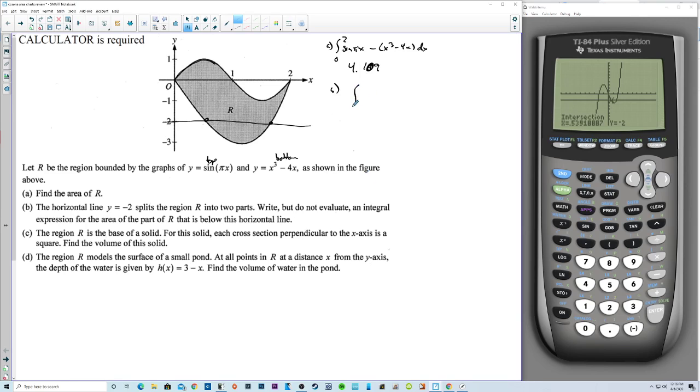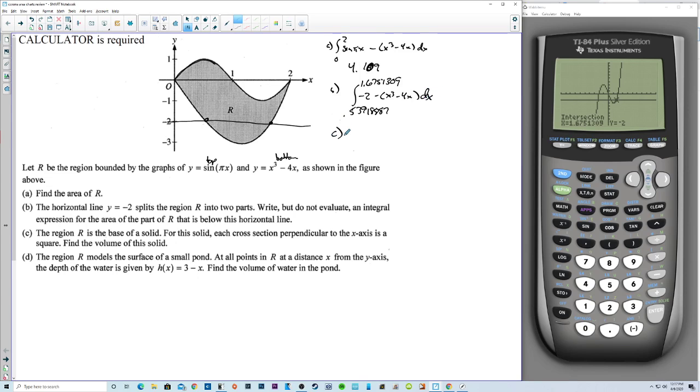So we're going to integrate from 0.539188887 to, let's get the other one, calculate number 5, enter, 1.6751309. And we still need top minus bottom. So -2 minus x to the third minus 4x, dx.